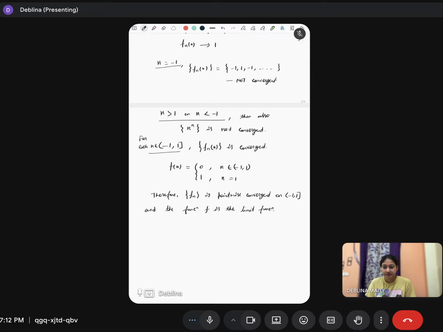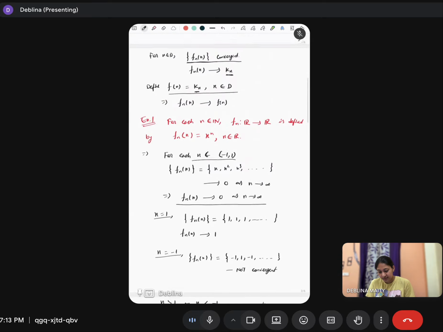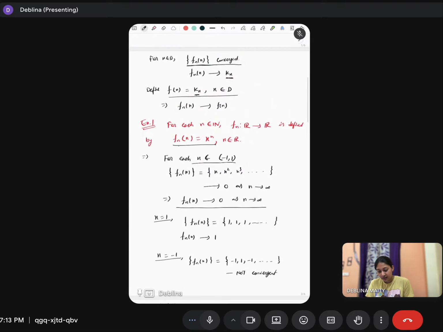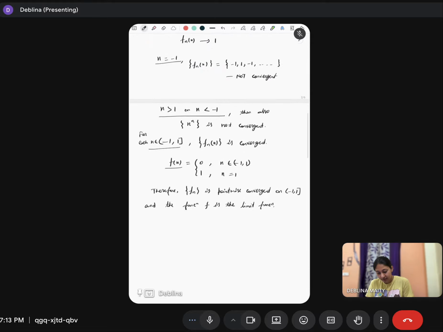So this function fn converges pointwise to this function f in the interval -1 to closed 1.